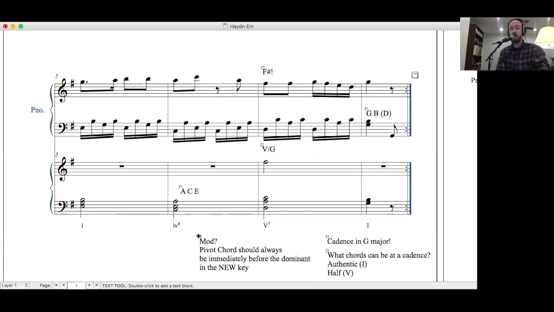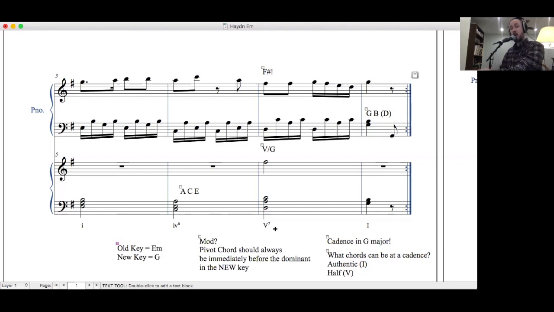So here, what's our new key and what's our old key? Our old key is E minor. Our new key is G major. So what's the dominant of G major? Oh, it's this nice little D7 chord.